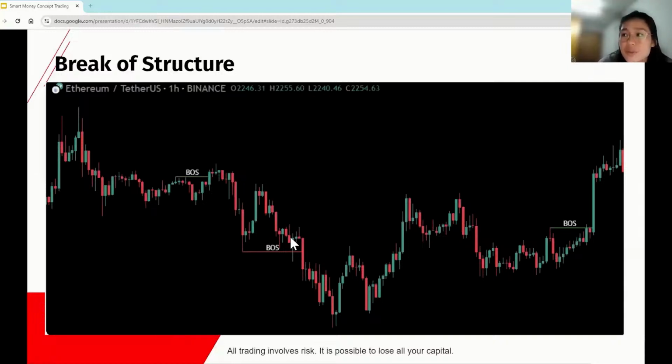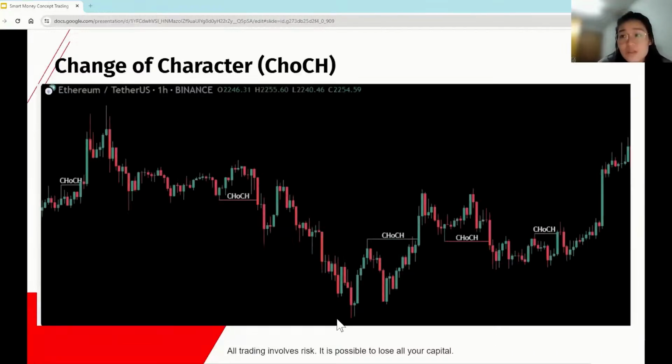If the price is moving downwards, like it is here, price breaks below the previous low, which shows that sellers are still in control and that the downward trend is to continue, which is what we see here.